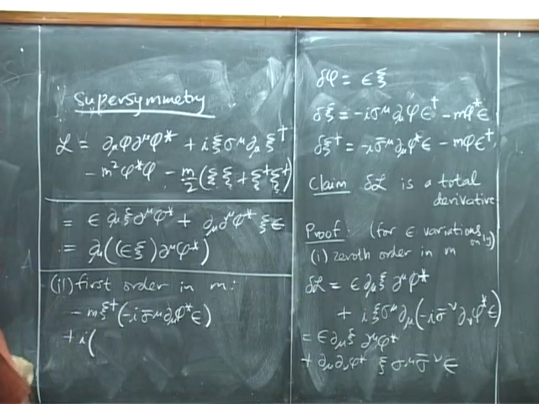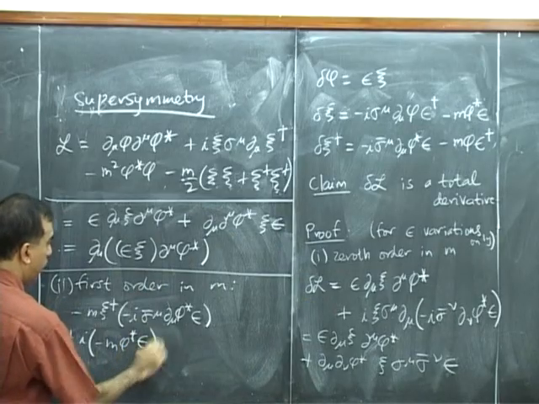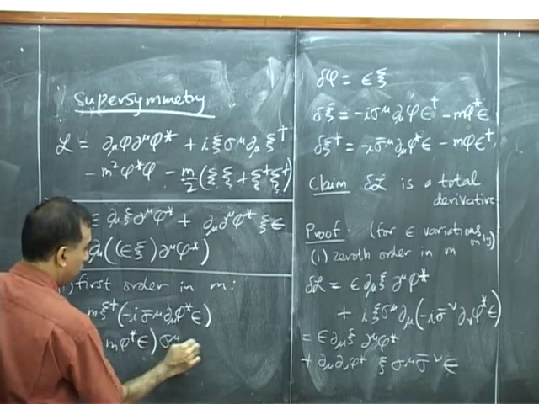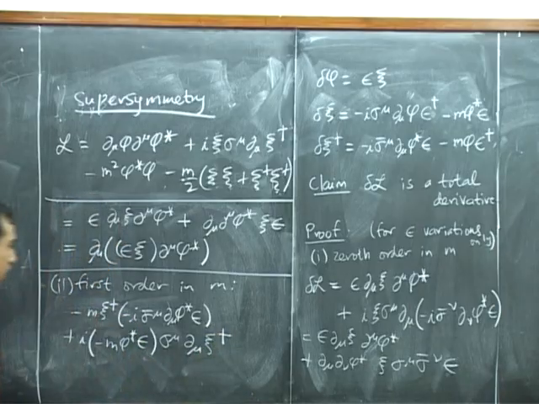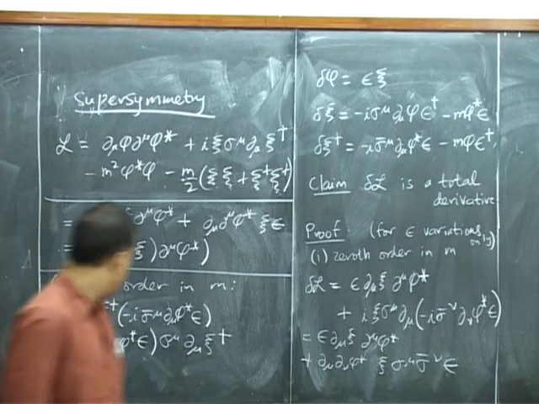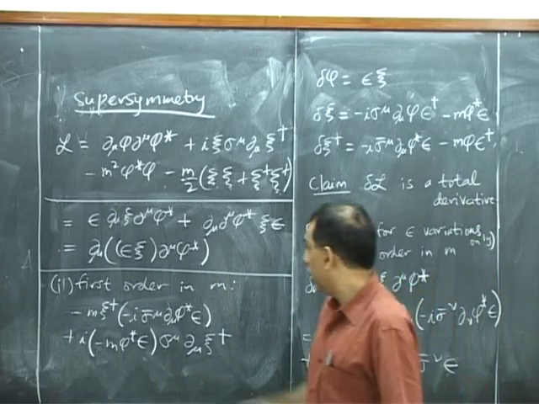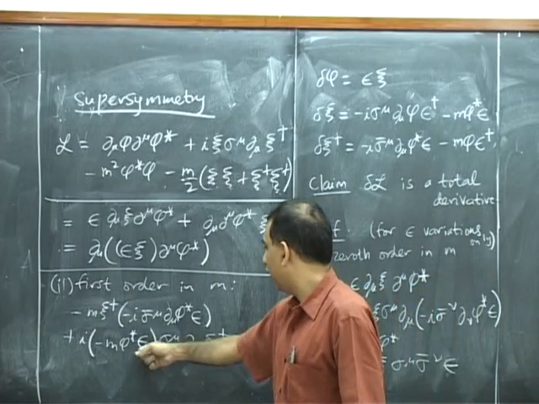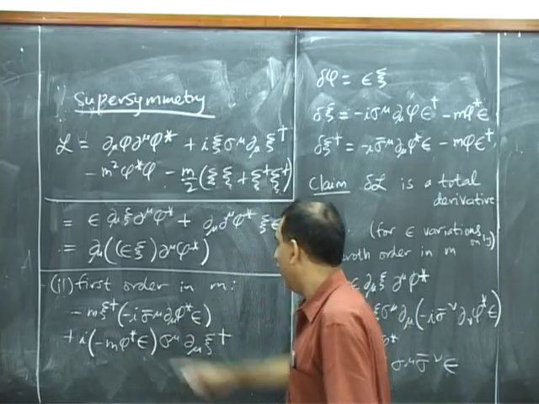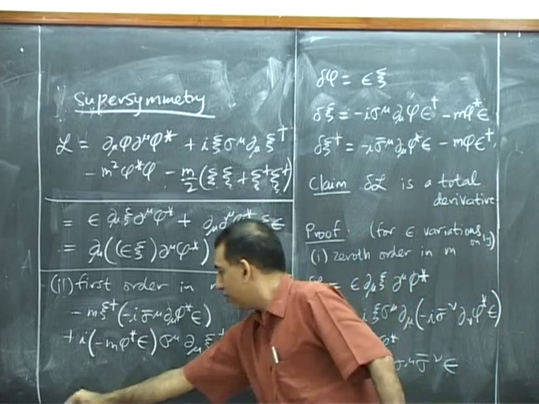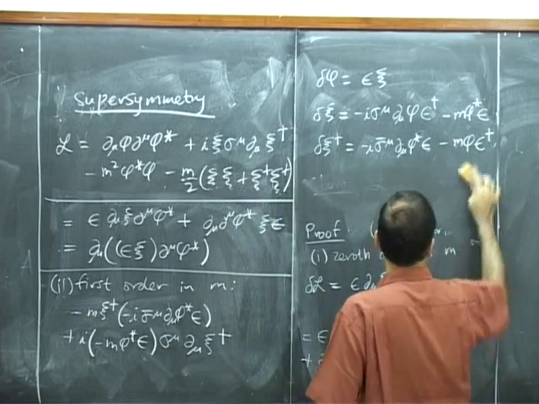So I times then minus m phi star epsilon, and then sigma mu del mu psi dagger. Okay. So things are not looking too bad. You see that we have an epsilon in both, we have a psi dagger in both, we have an m in both, we have an i in both. So hopefully everything is going to work out.